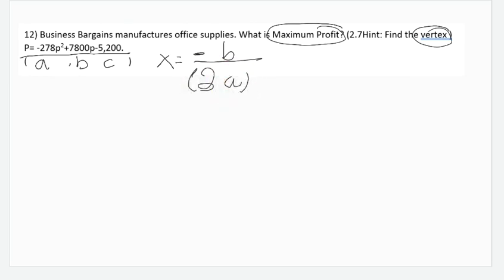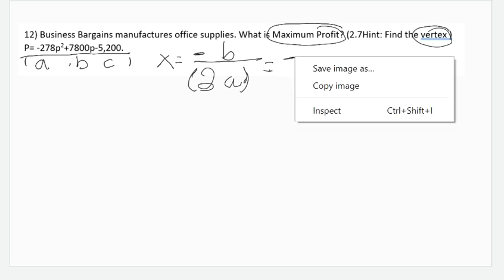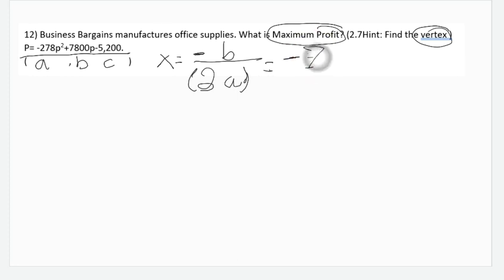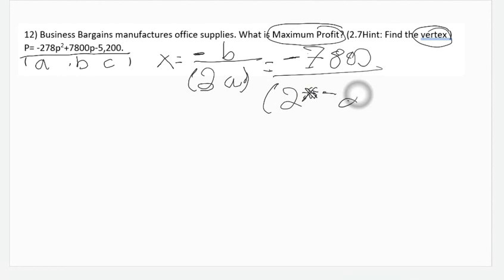I do the parentheses because I have to make sure it multiplies first. So I'm going to substitute those values in: negative 7,800 divided by 2 times negative 278. Keep track of those signs. And we're just going to put that in.